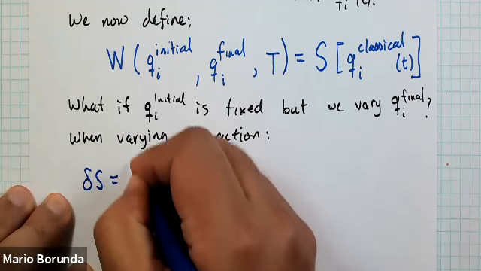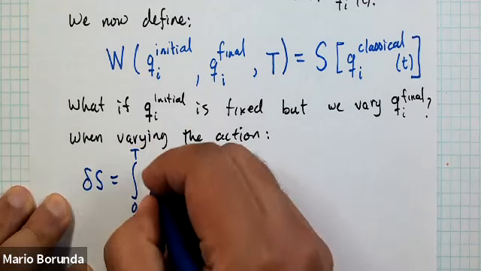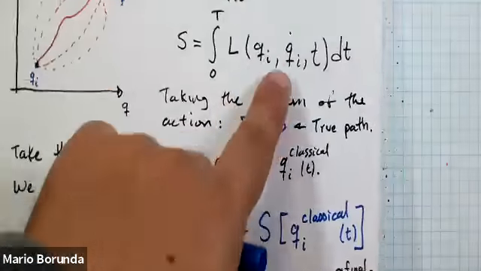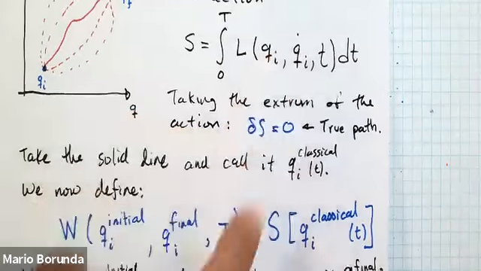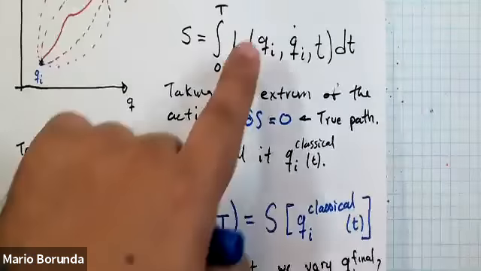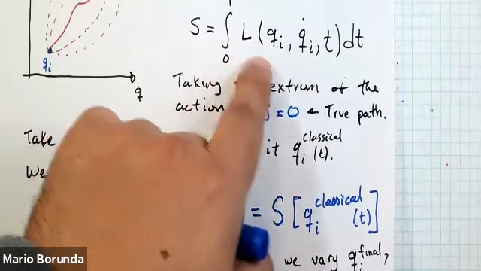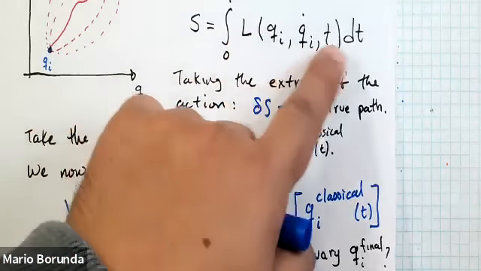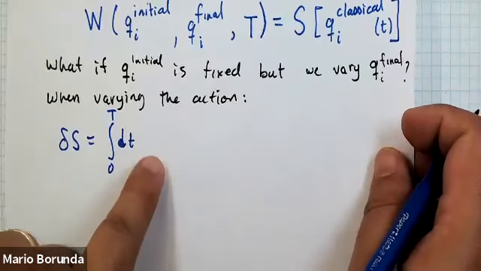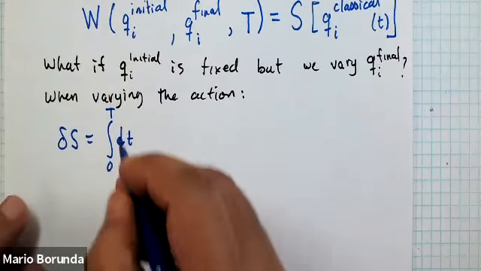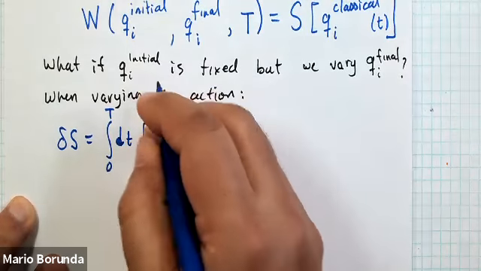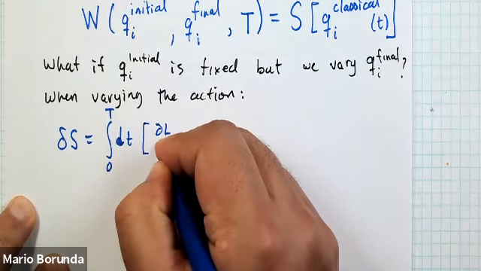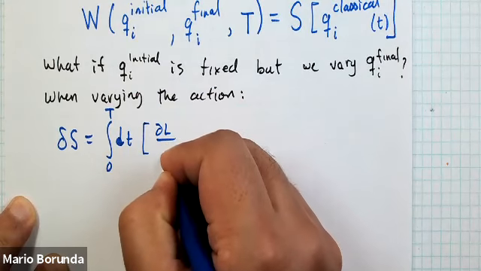And again, you get to put the things that go here. So it's the same as this equation, right? But now I'm going to vary the things that are inside of this, the integrand, and you see that it depends on q_i, q_i dot, and time. So now the integrand depends on these things because it's the variation.